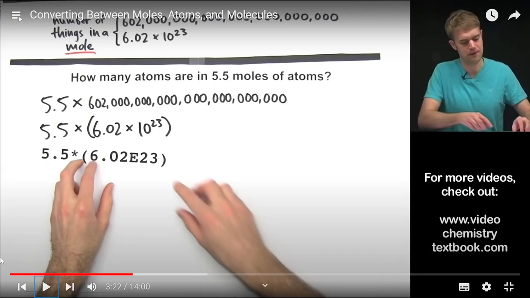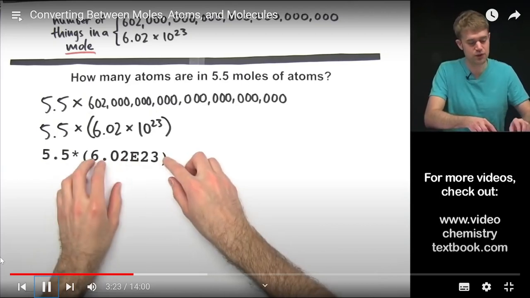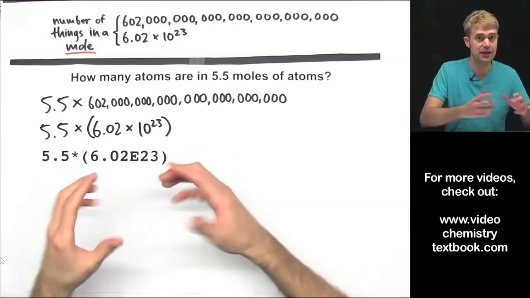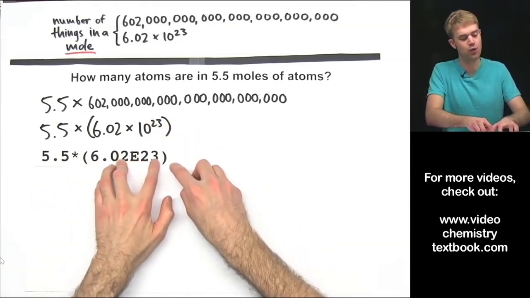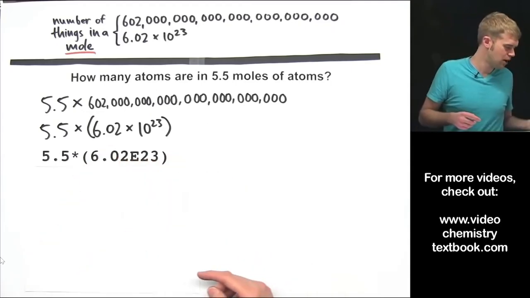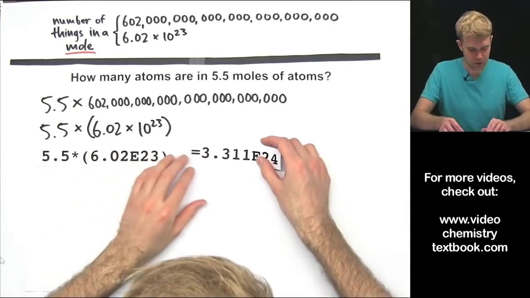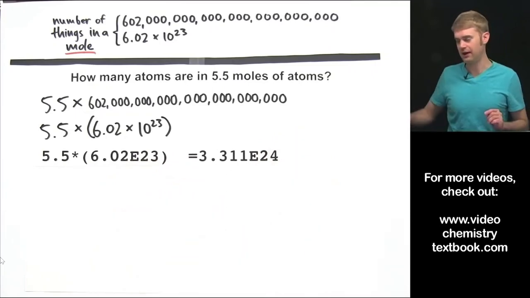Okay, you remember the one? Don't type times 10, do not do that. Just type E, whichever version your calculator has. E23 is usually how we do exponents in a scientific calculator. The E is 10 to the exponent, and then 23 here is the exponent. Plug this into the calculator, and we're going to get this as our final answer.